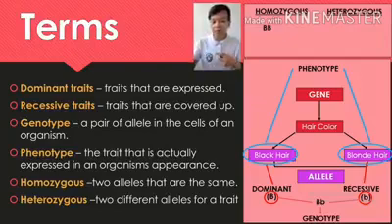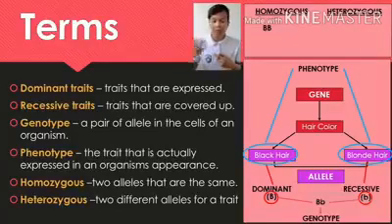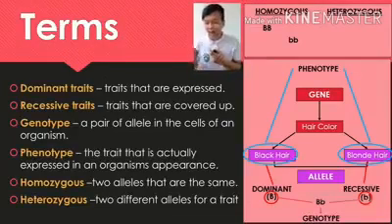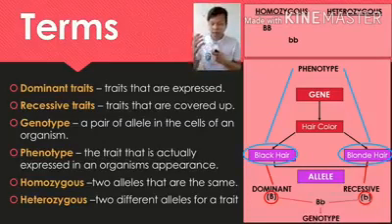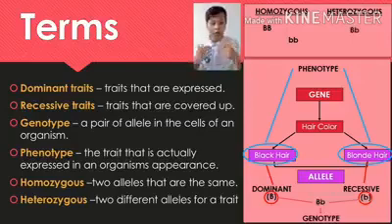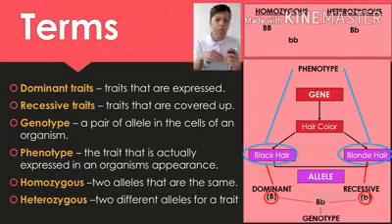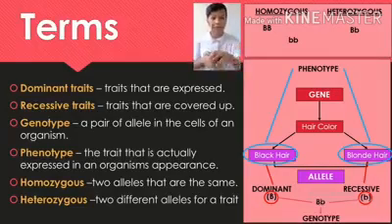So it could only be two capital letter B's, or two dominant alleles, or two recessive alleles, or two small letter B's. While heterozygous are two different alleles for a trait. So therefore, it could be one capital and one small letter in our diagram.